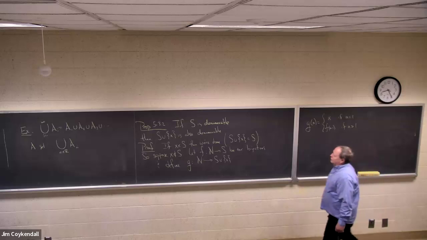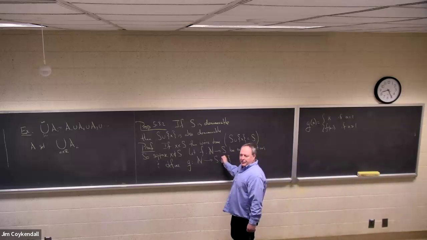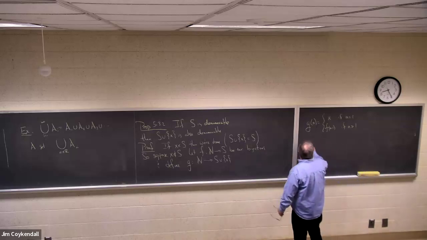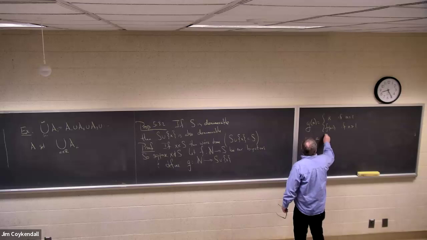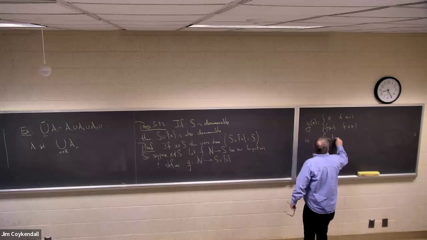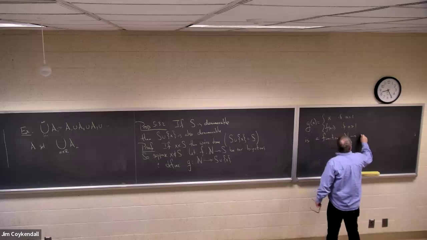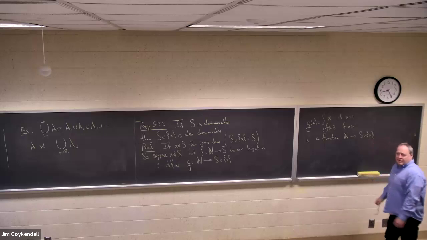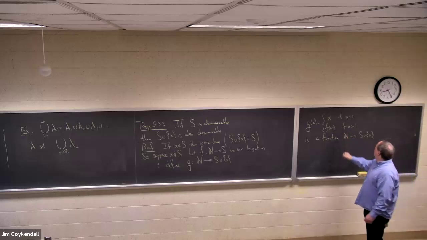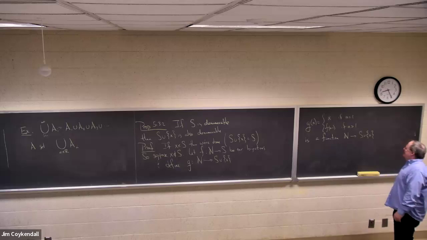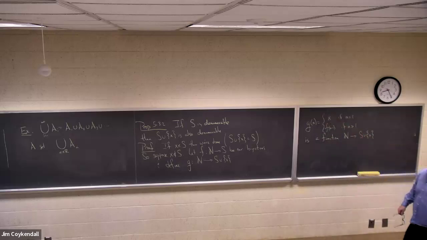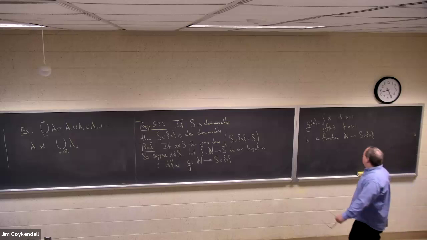Person three goes to the room originally occupied by person two, four goes to the room originally occupied by three, and so forth. Okay, so this is a function. Right, because this is well defined: given any input, I know exactly what the output is. We need to argue that it's one-to-one.